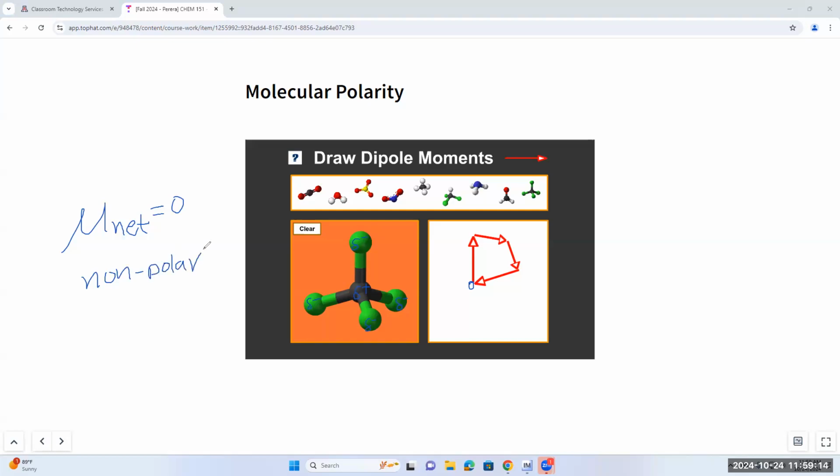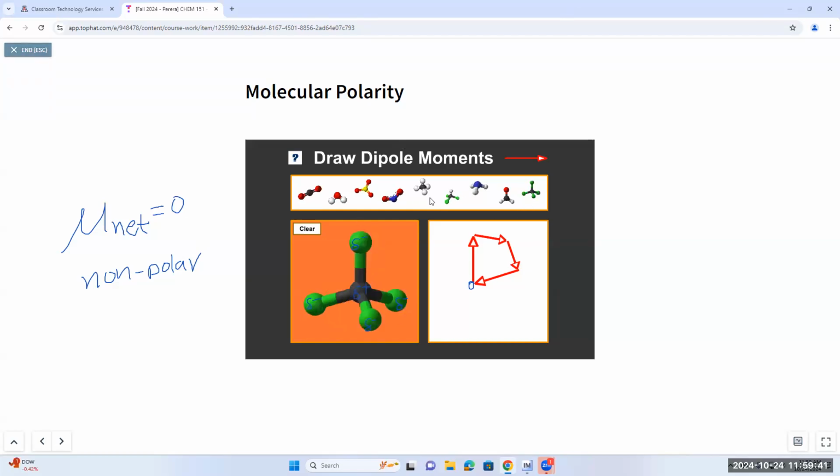The point is this: whenever you have a perfect tetrahedral molecule like this, it's going to be a non-polar molecule. But as soon as you replace one of those atoms with something else, say you replace one of these fluorines with hydrogen, it's going to become polar.